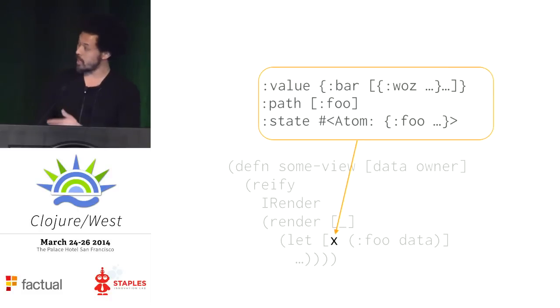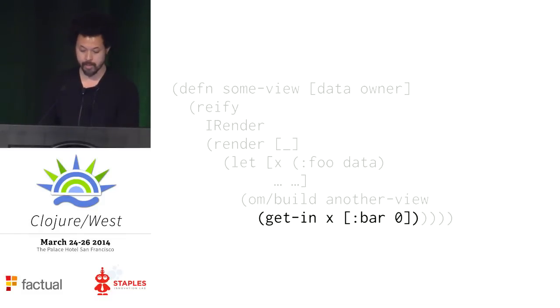Down here, we access the foo key in that cursor. And we're going to get back a new cursor, which has the piece of data that is at that key. We update the path. And again, this is the same state reference, so that if somebody needs to update the value at that path, they can. We can imagine further down that we invoke some subcomponent, and we access more deeply into that cursor.